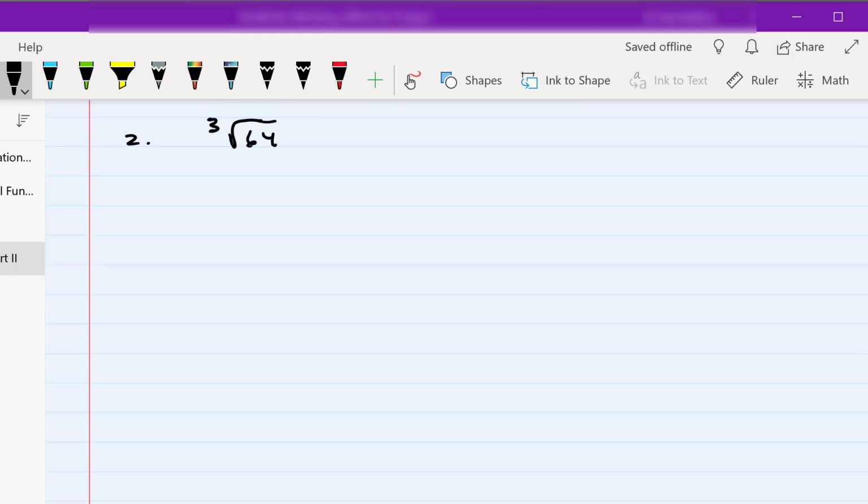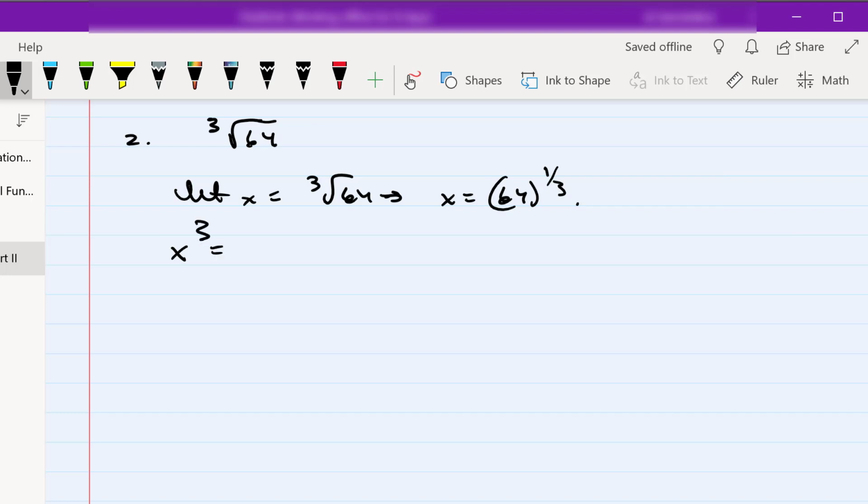Let's look at another example. Let us find the cubed root of 64. So we begin, let x equal the cubed root of 64, or x equals 64 to the 1/3. In order to solve for x, we can cube both sides.